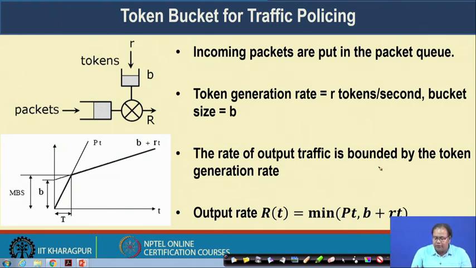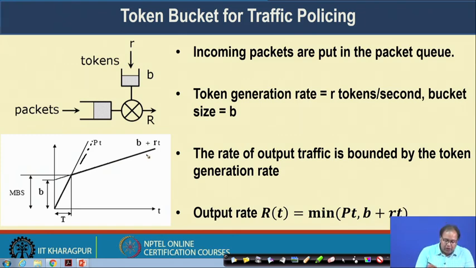Now, the rate of the output traffic is bounded by the token generation rate. In general you will not be able to surpass that, but if you have more data, immediately you can send it further. So, the output rate you can characterize in this way: say PT denotes your incoming packet rate, and this B plus RT denotes your token generation rate.